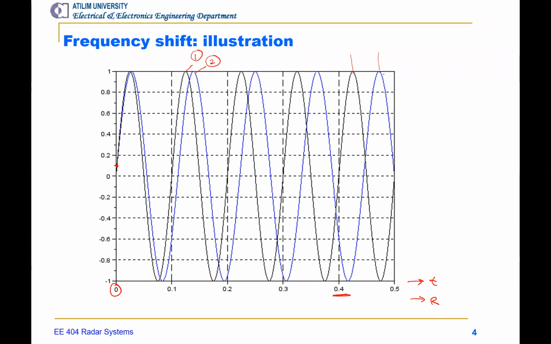The black one makes a dip, while the blue one makes a peak. So one is simply 180 degrees, while the other one is minus 180 degrees. So why? Because the blue one has a progressive phase variation.